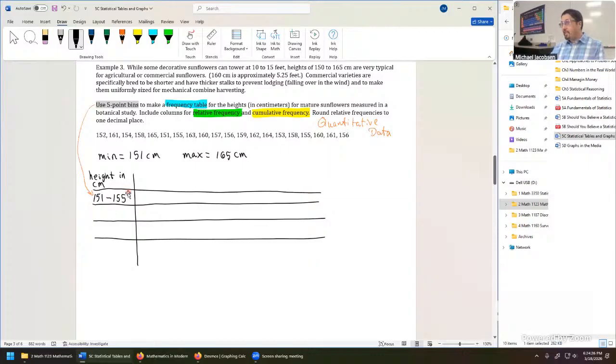We have 155 here. We start at 156 centimeters next. Then because it's 5-point bins, here's where we go 56, 7, 8, 9, 60. That's 5 points. So up to 160 centimeters. And then on it goes. It's kind of tricky in a certain sense. Does that make sense to folks on how we're building these categories?